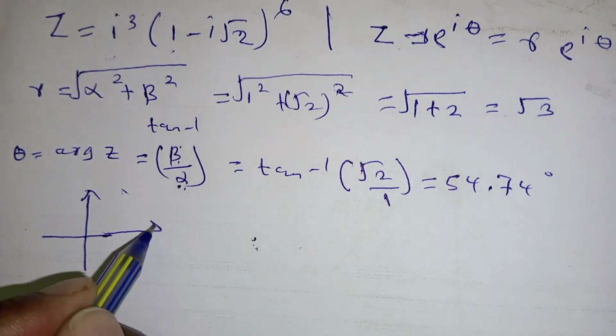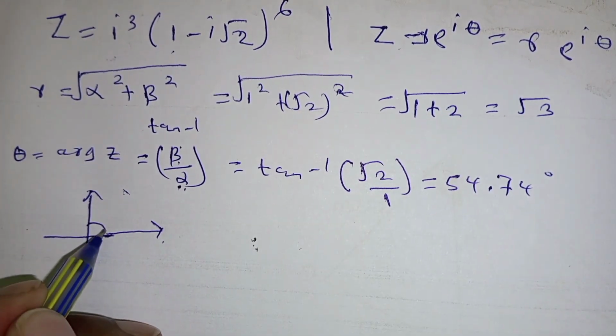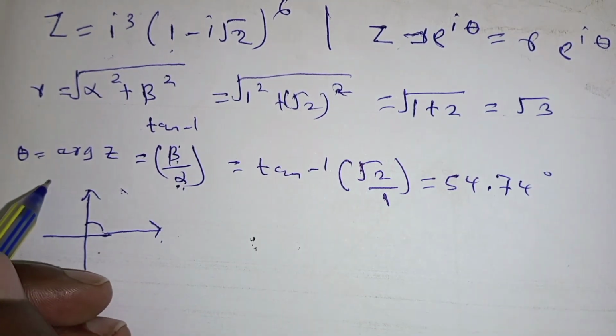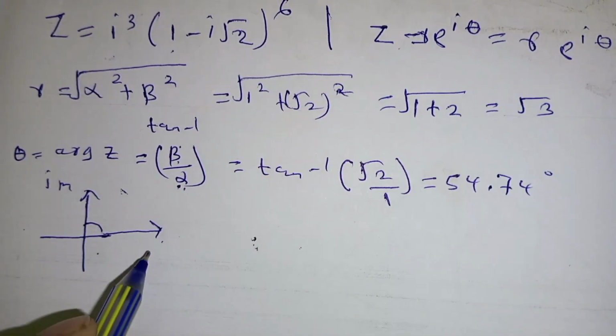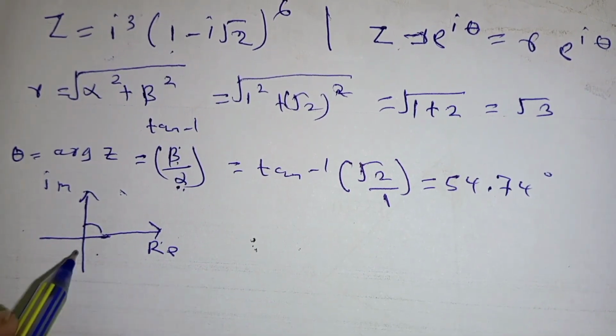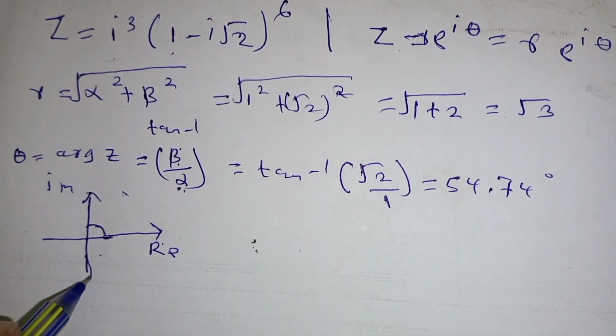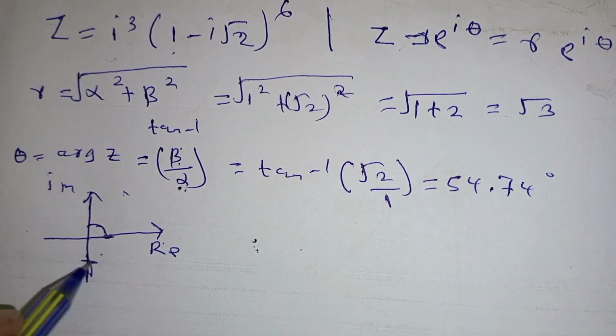Now, when you consider this, we realize that on the Cartesian plane, our argument is in the fourth quadrant, because this is the imaginary part, Im for imaginary, Re for real. So it is in the fourth quadrant because this is where we have the negative.